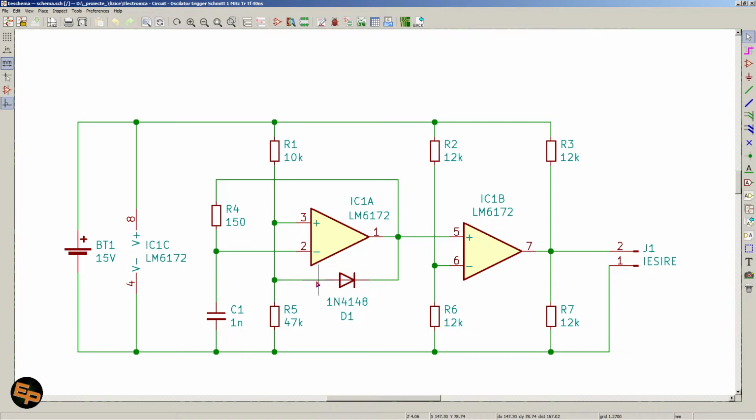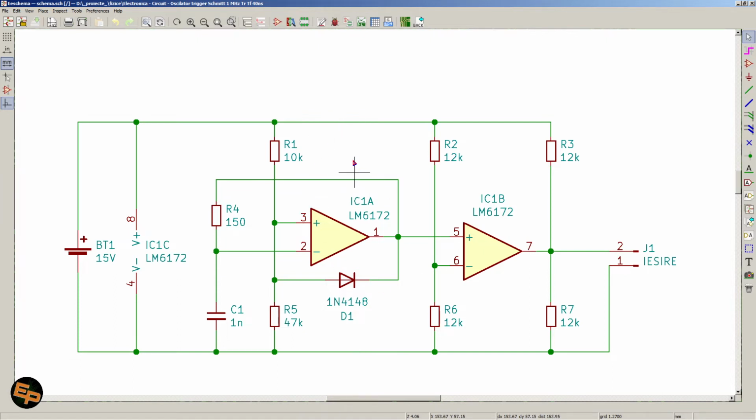So this op-amp will have the voltage on the positive input higher than the voltage on the negative input, so it will pull its output as high as possible. This op-amp is not a rail-to-rail op-amp, but it can still get to about 1.5 volts near the power rails.